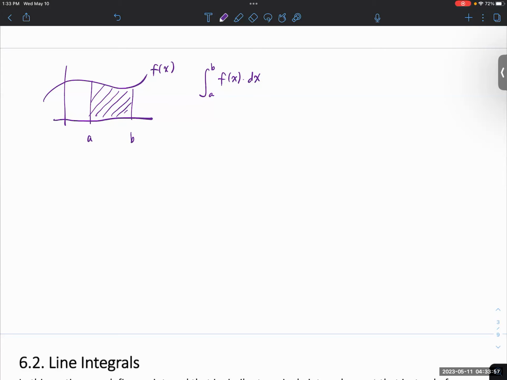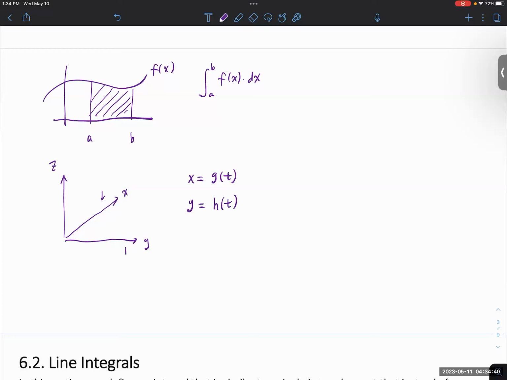Now let's say we have a three-dimensional space, so we have three axes. Let's say this is x, y, z. Let's say we have a function on the x-axis with respect to the t variable. And then I have another function on the y-axis, also with respect to t.